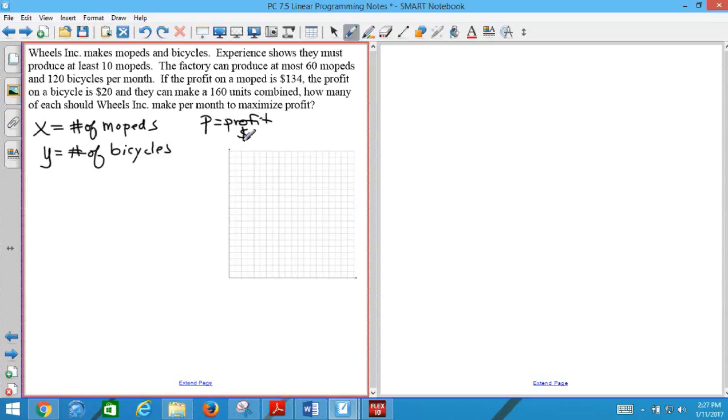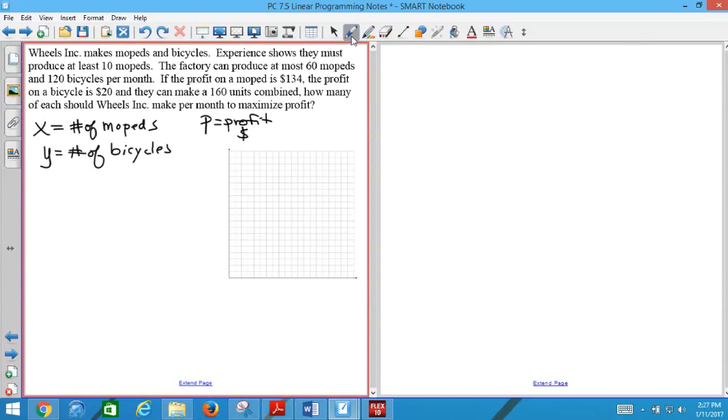What would be, if x is greater than 10, what's 60? I had that. Okay, that's saying that we could produce a total of 60. We're going to write it anyway. All right, my constraints.